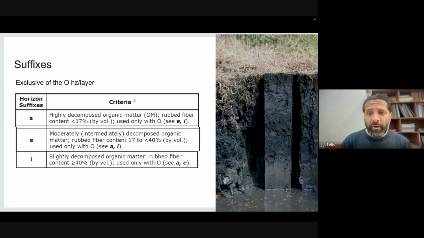And of course, guys, we have a lot of suffixes. We have a lot of them. So you don't need to memorize all of them, okay? Because we have books for this. You can just check the Soil Taxonomy book, the field description book, the World Reference Base for Soil Resources book, the WRB book, and you can find these suffixes.